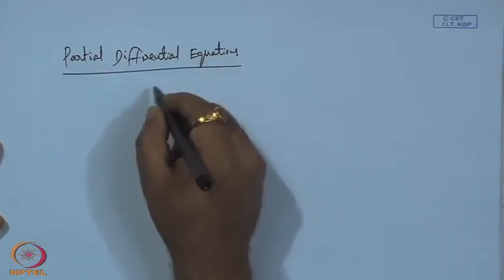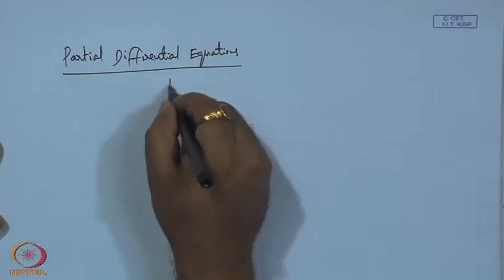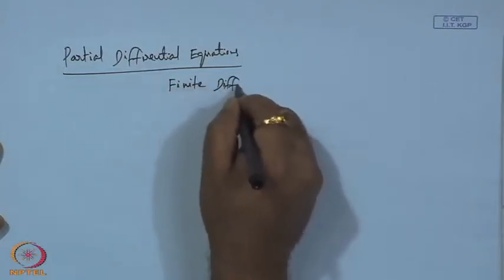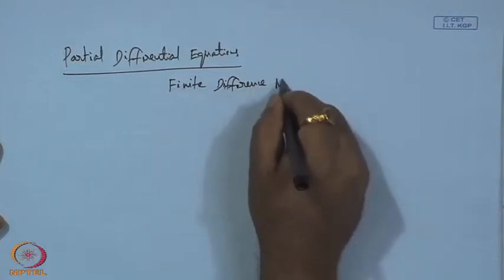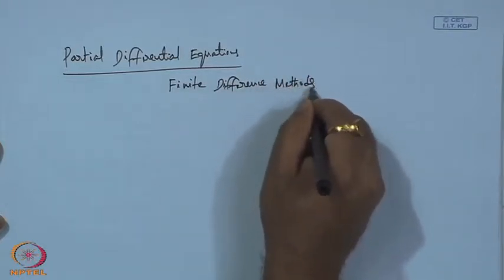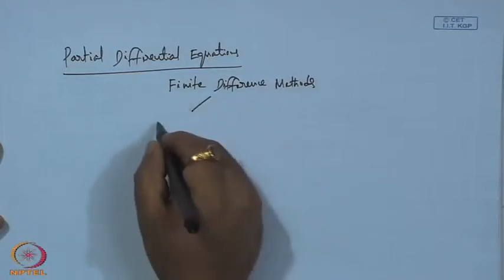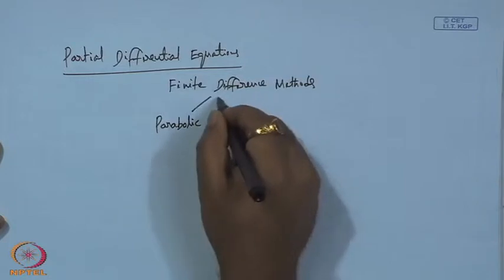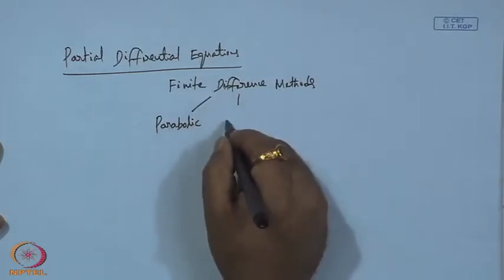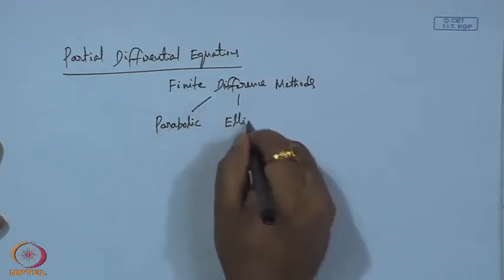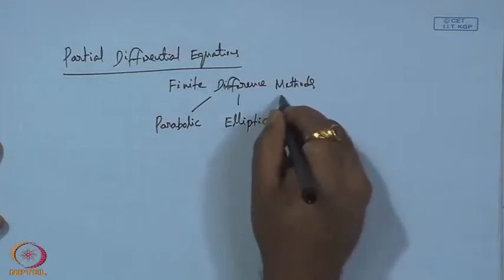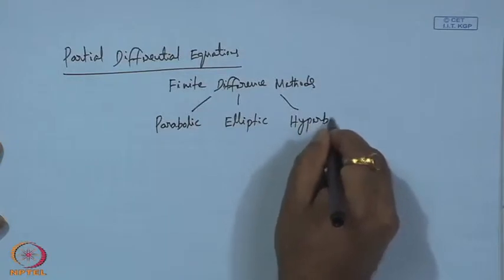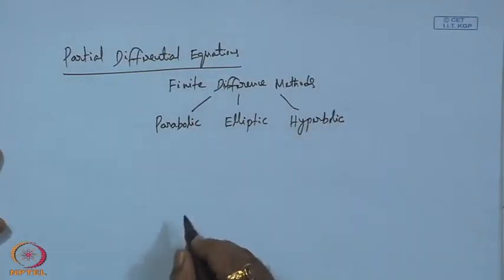So, here we considered finite difference methods for parabolic, then elliptic, then hyperbolic.